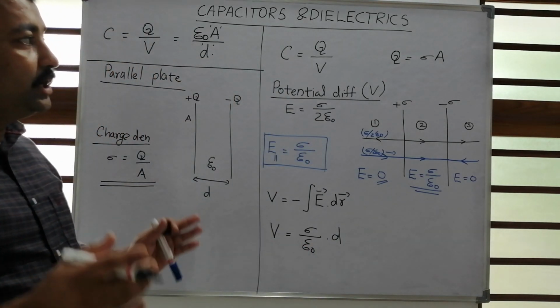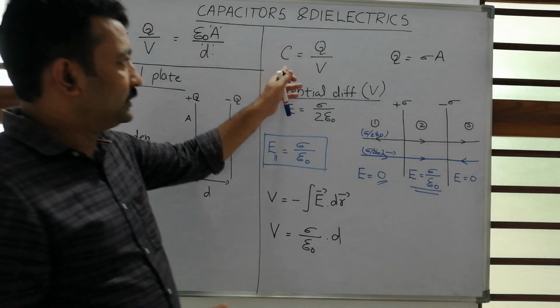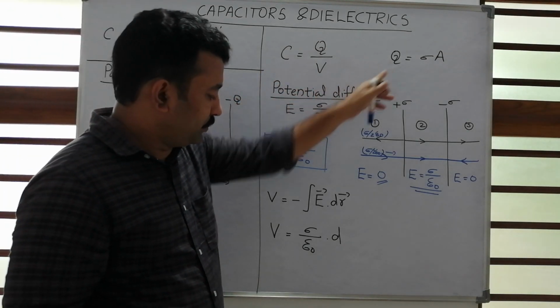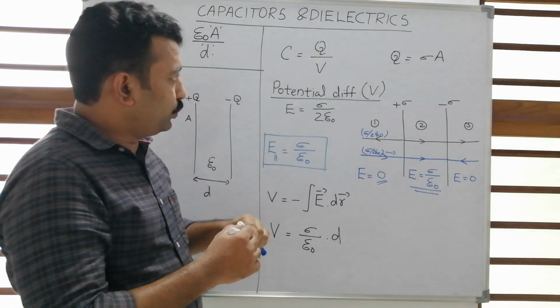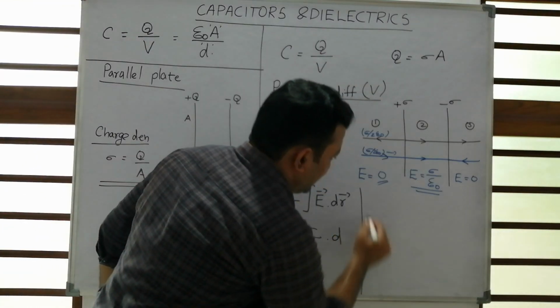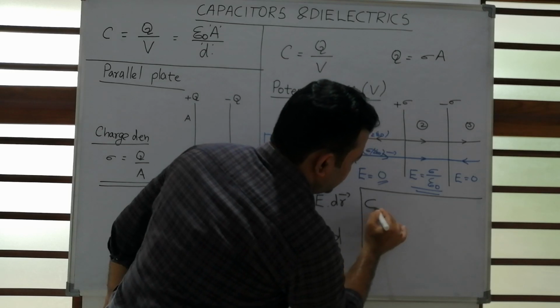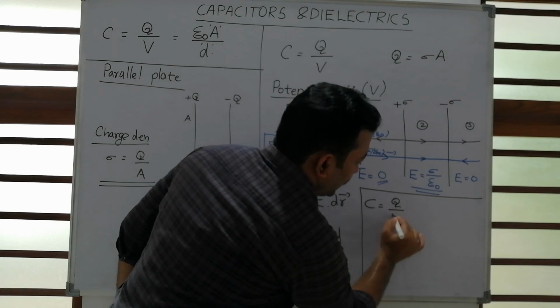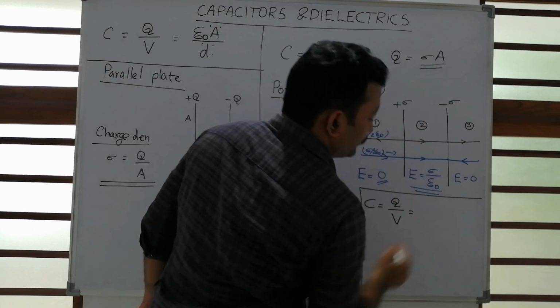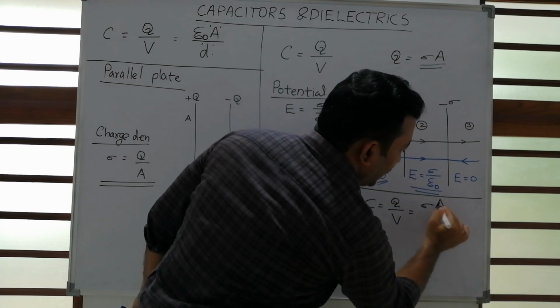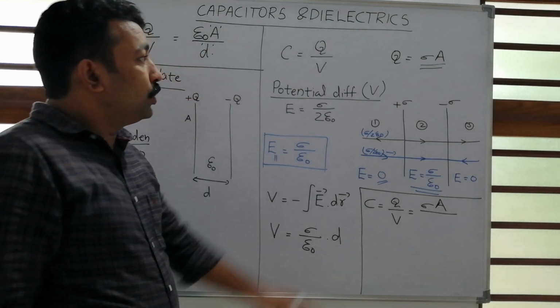So I got the inputs for finding out the value of capacity. I got the Q value, I got the V value. Substituting into this expression, we will get the value of capacity as C is equal to Q by V. What is Q? Q is sigma A. So that is sigma times A over, what is V?